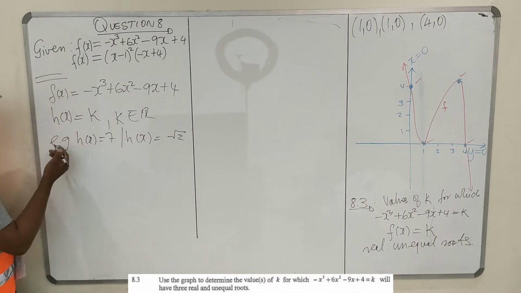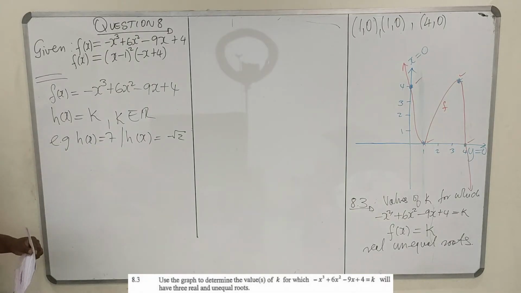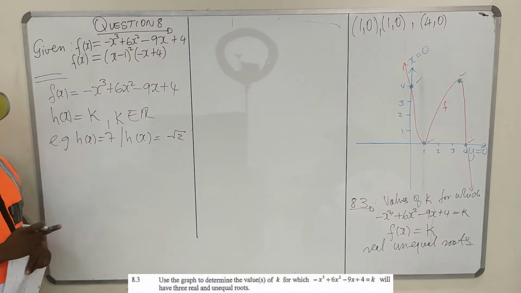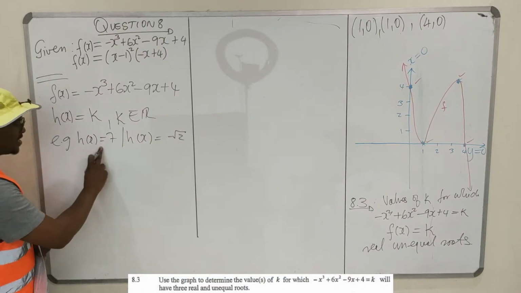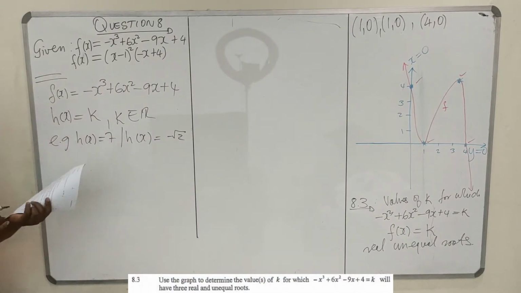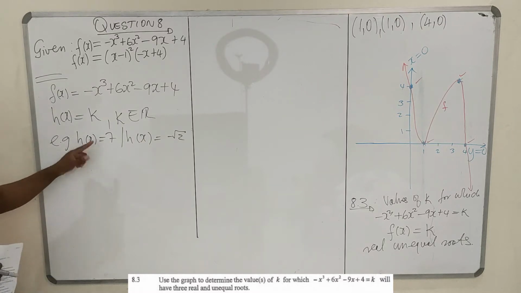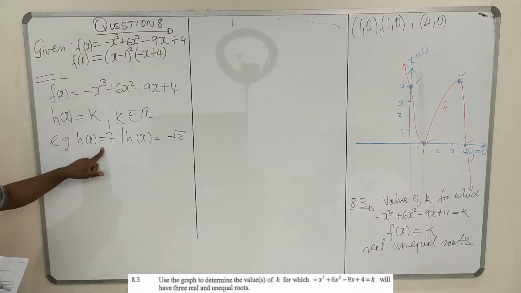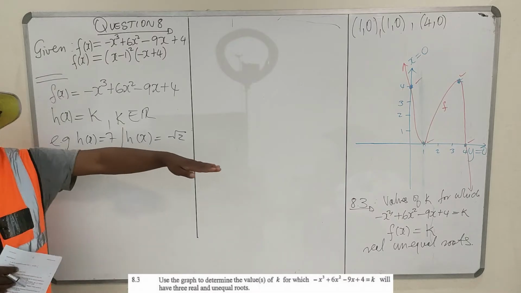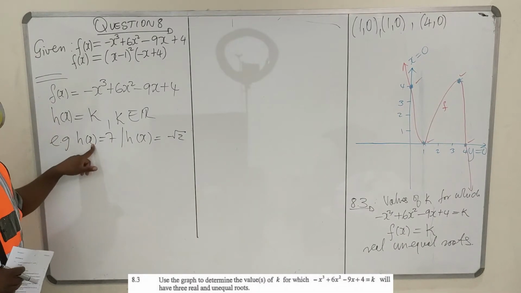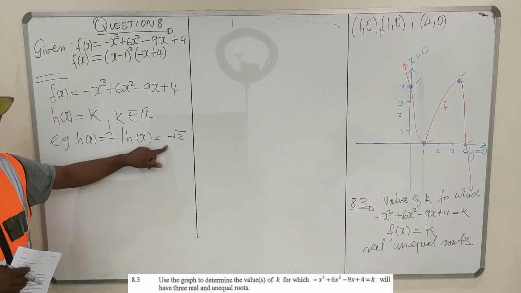So h of x can be anything, because k is a real number. I'm not fixing it to be 7, but you want it to be a real number. You know how this function looks. It's a straight line, a horizontal line. H of x is equal to 7. Even this one is also a horizontal line.